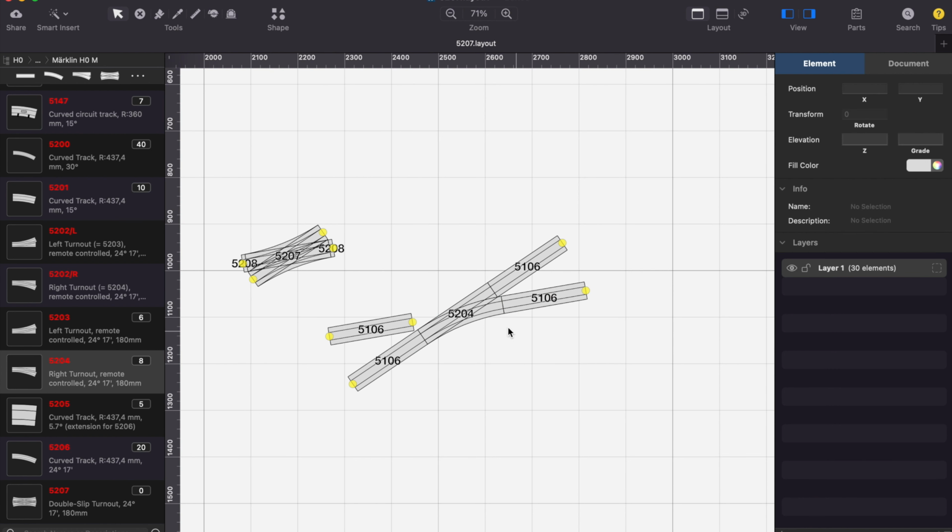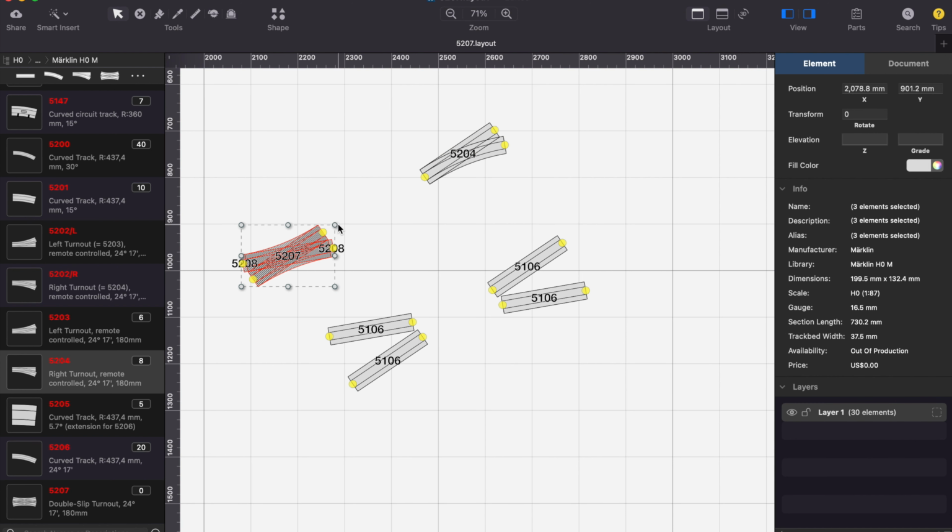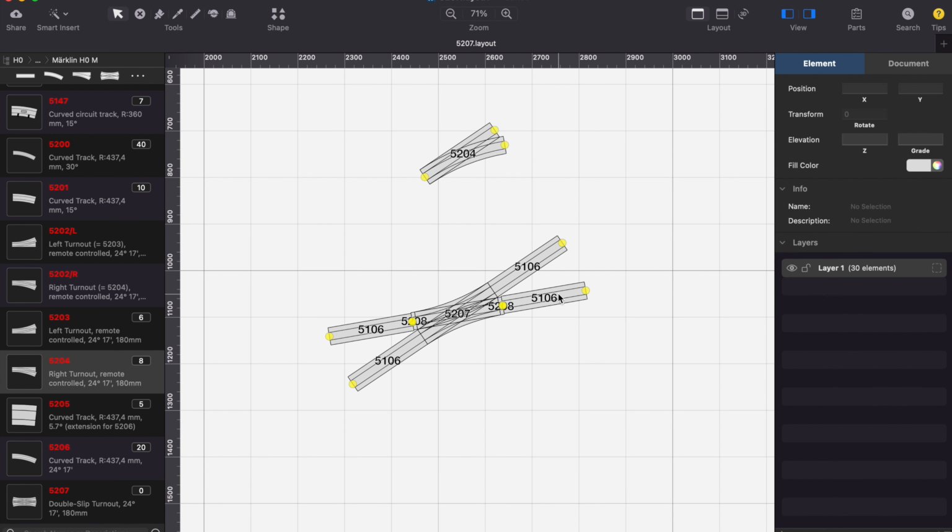I then take the turnout away and reinsert the crossing and its makeup bits. I am now sure that anything attached to the newly laid track sections has the correct orientation. Not pretty again, but effective.